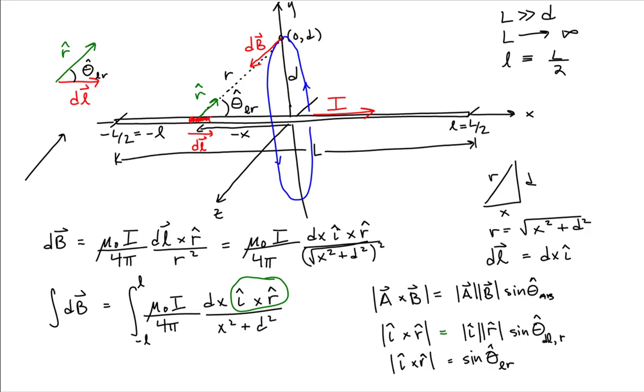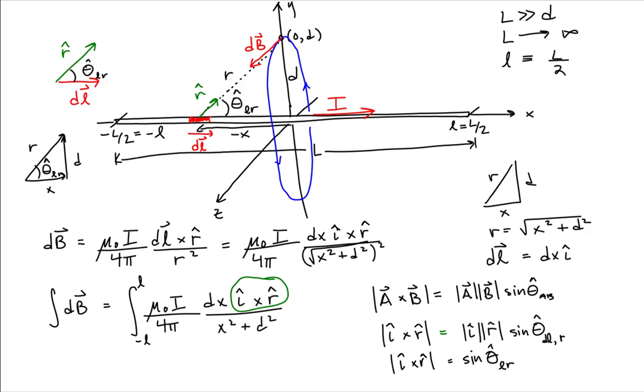Remember, we had R, D, and X. This triangle is similar to the triangle given to us by our dl vector and our r hat.